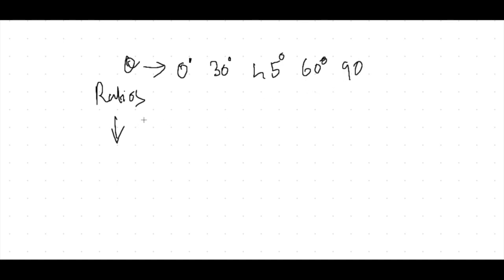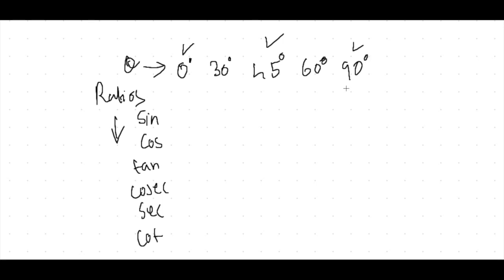And the ratios that are sine, cos, tan, cosec, sec, and cot. So for 0 degree, you have to memorize 0, 45, and 90, and they're easy to memorize as they are very simple.